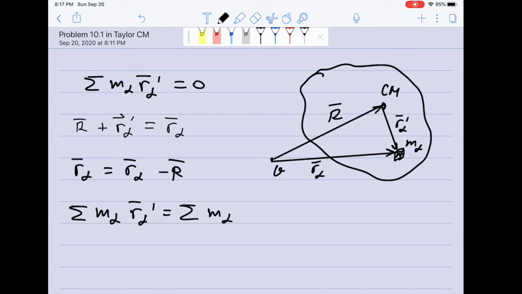So with this, our sum becomes the following. Now we just distribute the stuff under the sum.